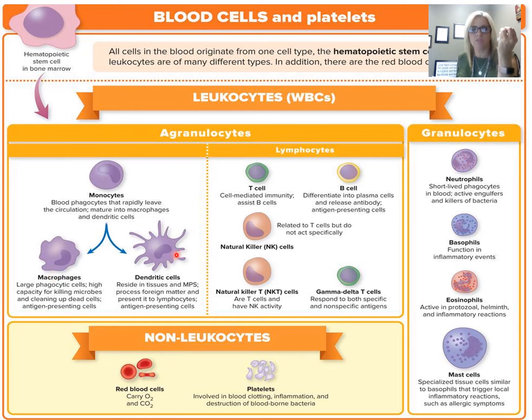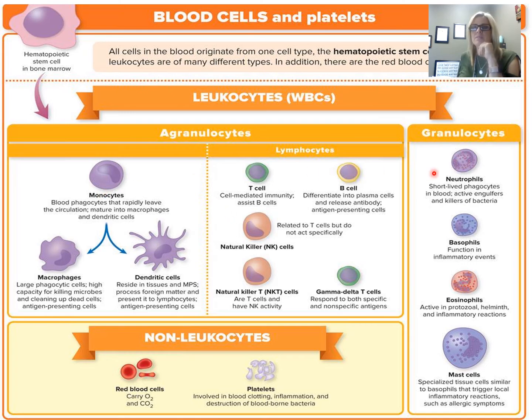It's important to understand that. This is the classic appearance of a monocyte. Then here's our lymphocytes. We have several different types here. We have B cells, T cells, natural killer cells, and then we have our granulocytes over here. So remember, we have monocyte and lymphocyte as our basic classification of agranulocytes.